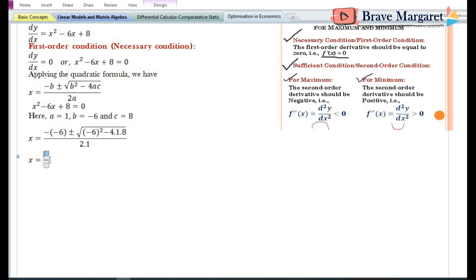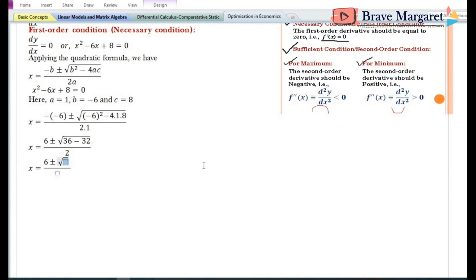Minus times minus equals plus, so 6 plus or minus, 6 times 6 equals 36, minus 4 times 1 times 8, 4 times 8 equals 32, and 2 times 1 equals 2. So 6 plus or minus the square root of 36 minus 32 equals 4, divided by 2.